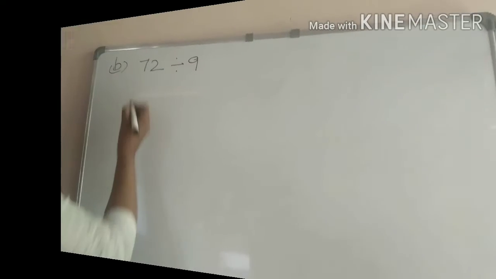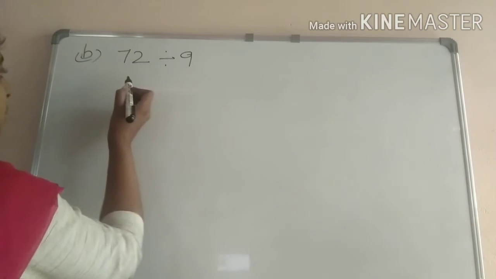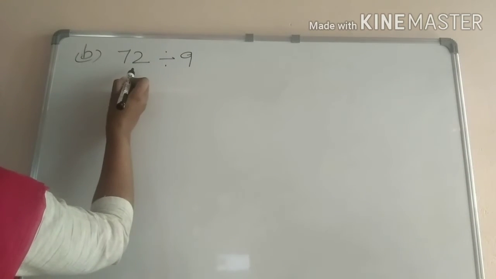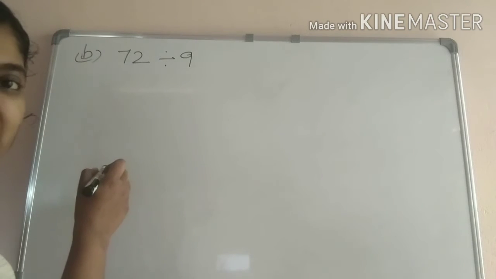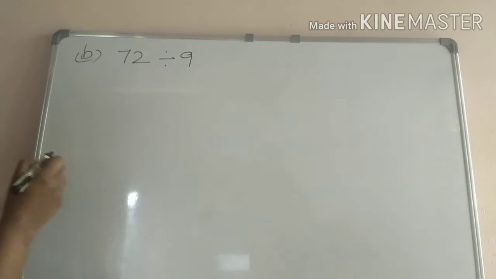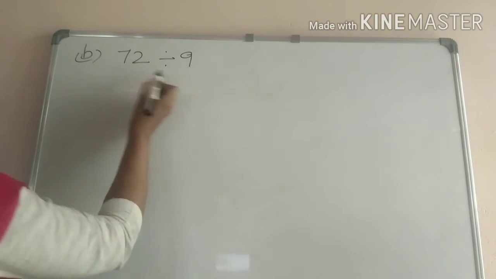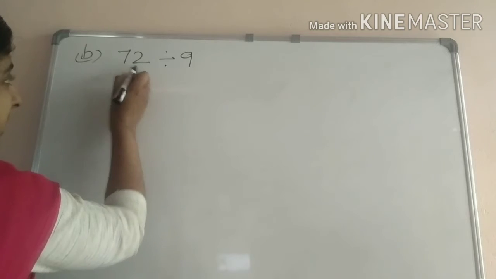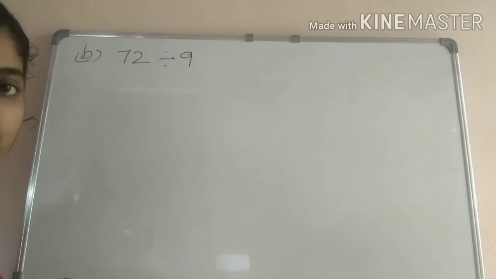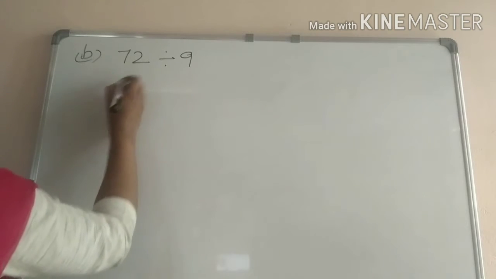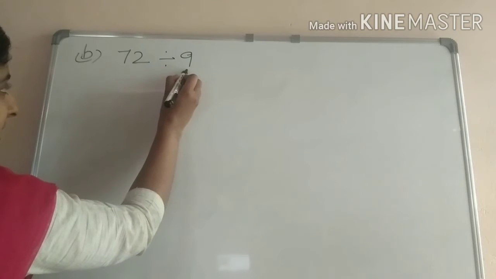The next question is 72 divided by 9. Here also, subtract 9 from the dividend and repeat the subtraction till 0. Here the dividend is 72 and the divisor is 9.